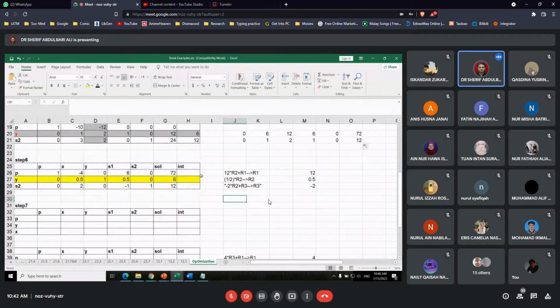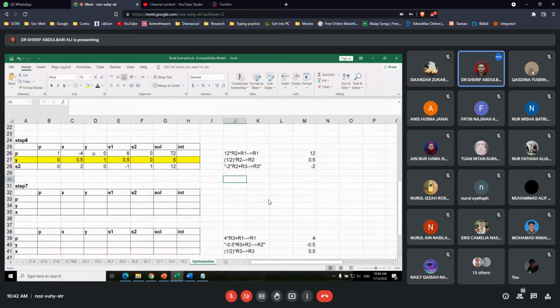Okay, so now again, you already have found this solution. You need to check if in your first row there is no negative value, otherwise you need to repeat the same steps again. So in my case here, y is going to be my pivot column. Then I'm going to divide the solution over my pivot column.